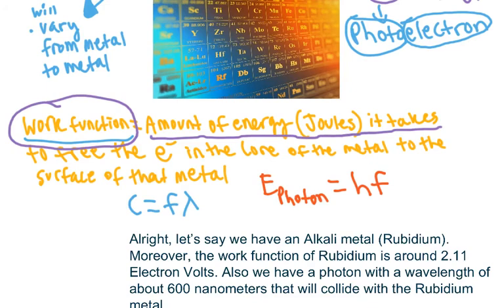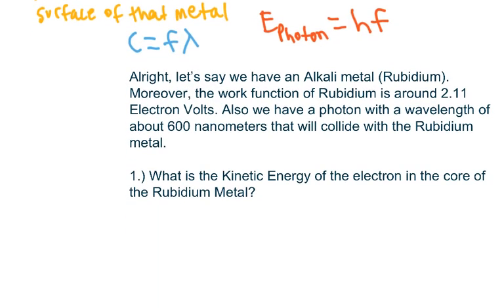So let's scroll down and work together to solve these example problems. There's only one here, but there's another one on another page. Let's read this and understand what it's trying to say. Let's say we have an alkali metal, and the alkali metal is rubidium. Remember, alkali metals are in group 1 of the periodic table.